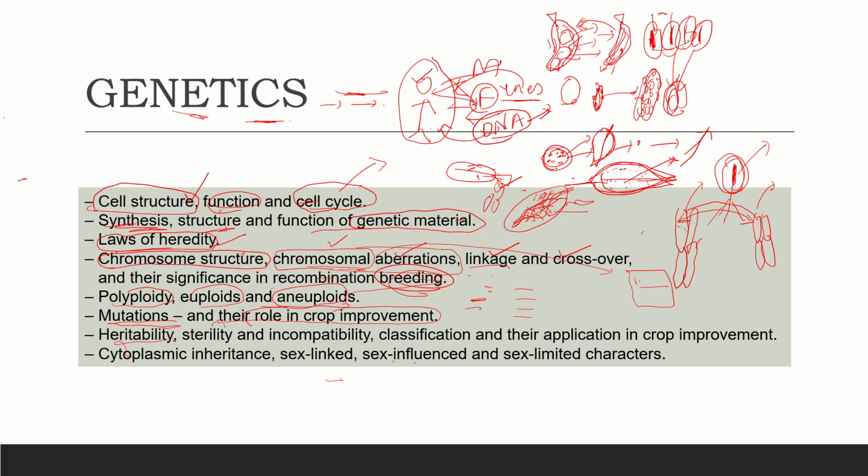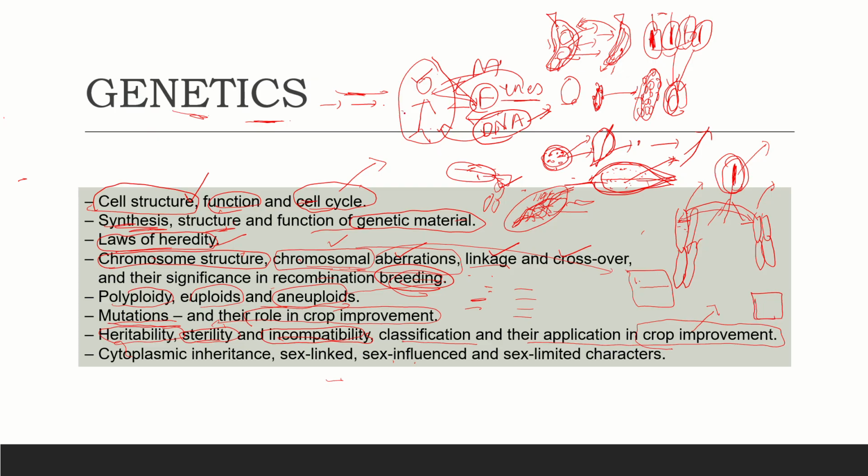And next, heritability. This is one term. Sterility and incompatibility. All these things have a special purpose for breeding, and their classification and application in crop improvement. What does the term crop improvement mean? Crop improvement means nothing but getting the desired crop for us.